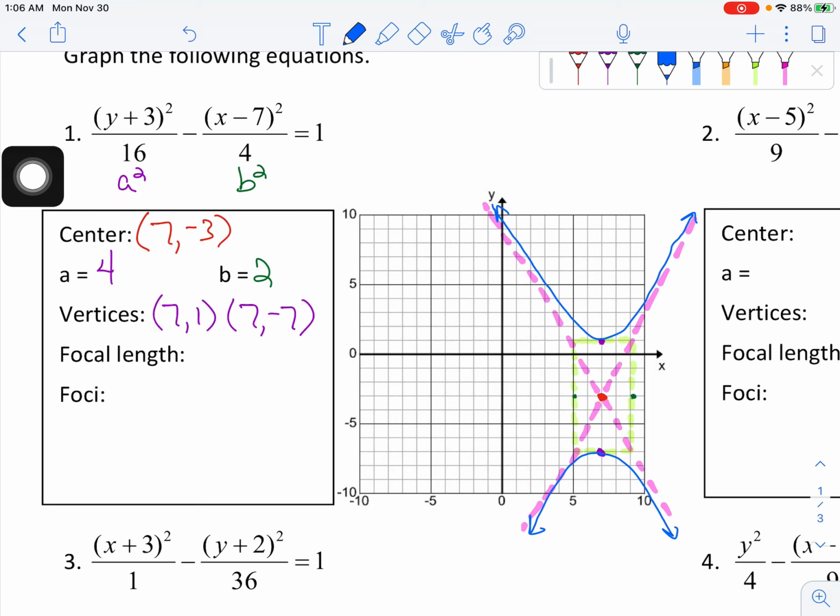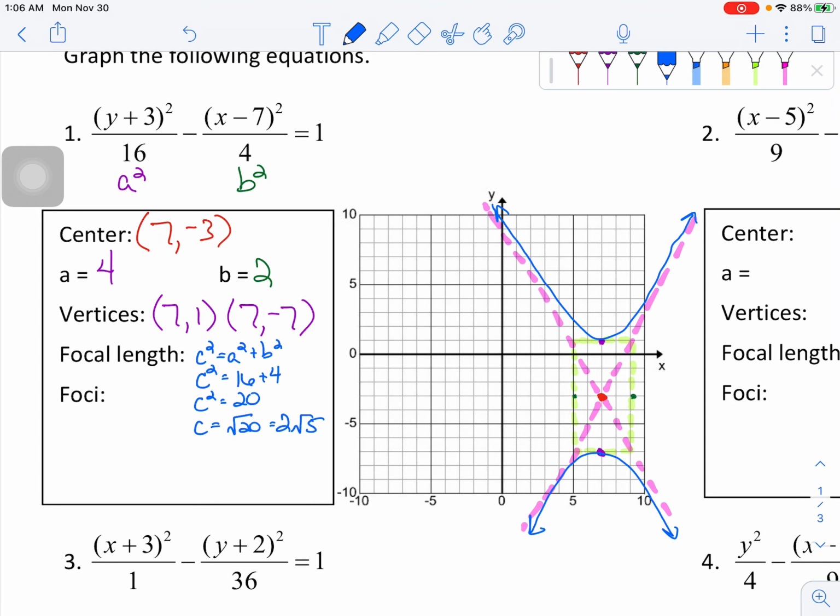Now we need to figure out the focal length and the foci. So focal length is going to be c squared is equal to a squared plus b squared. So c squared is going to be 16 plus 4. So c squared is 20, which makes c equal to the square root of 20, which would be 2 root 5.